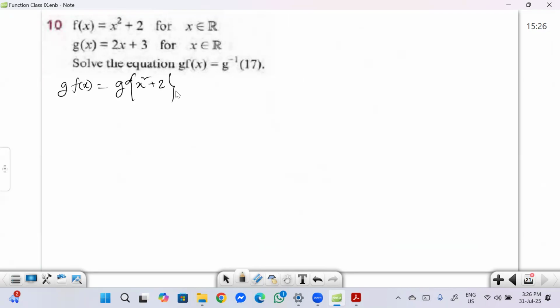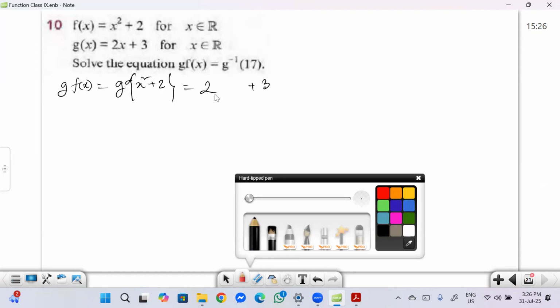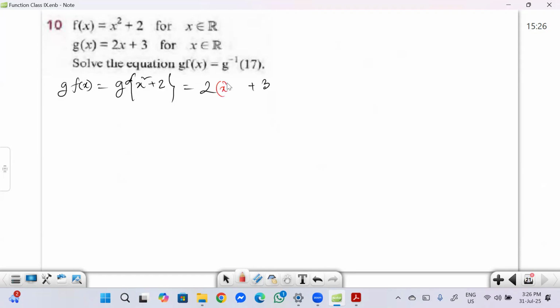So x will be replaced by x squared plus 2 in g of x. You understand? After doing this, we should end up with this expression for g of f of x.